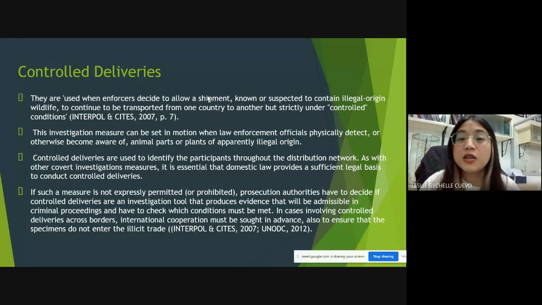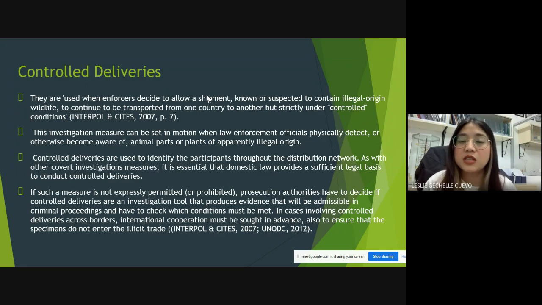Controlled deliveries are used to identify the participants throughout the distribution network. As with other covert investigation measures, it is essential that domestic law provides a sufficient legal basis to conduct controlled deliveries.